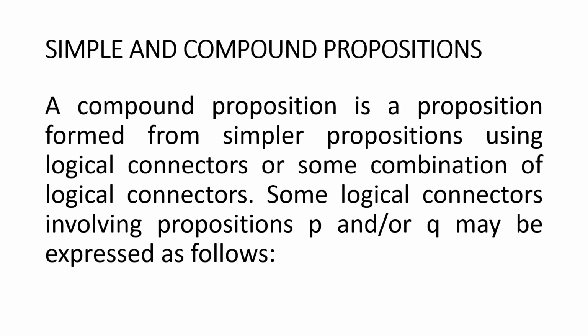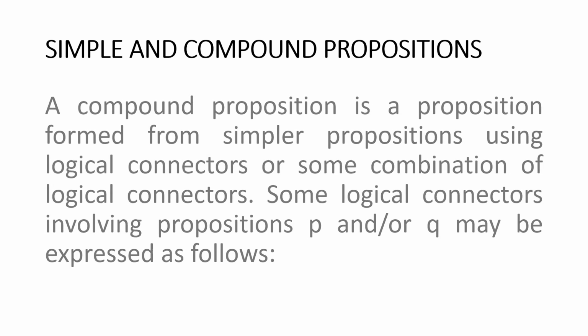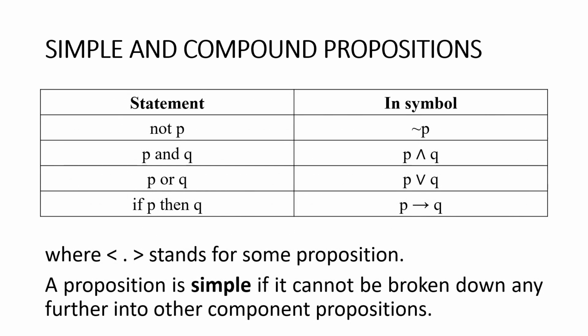Some logical connectors involve proposition statement P and or Q, and may be expressed as follows. So here, the statement, not P. Take note that P and Q are propositions. So here, it is a compound proposition if we have not P.